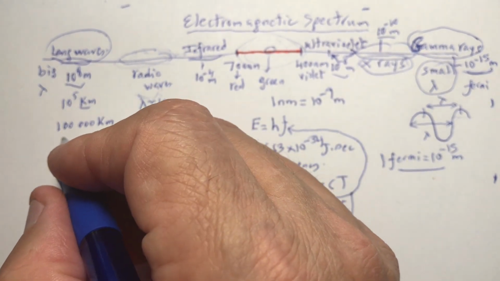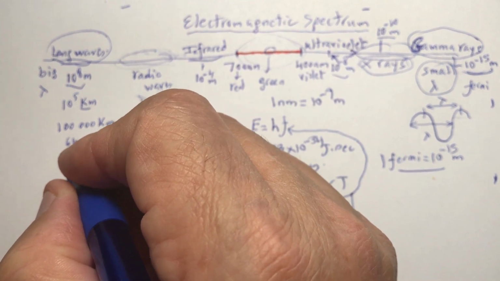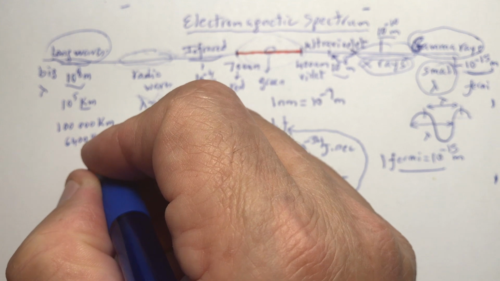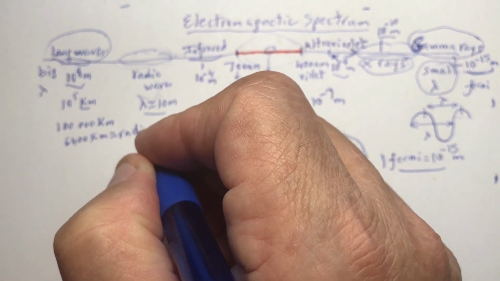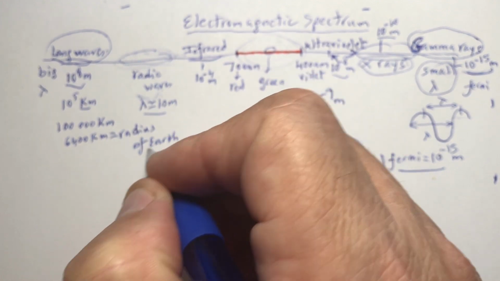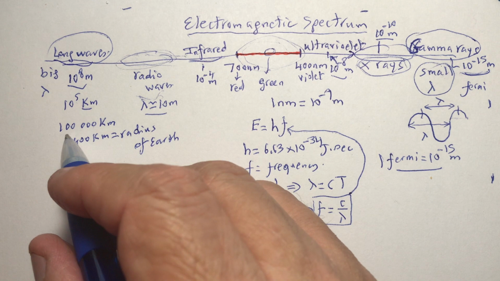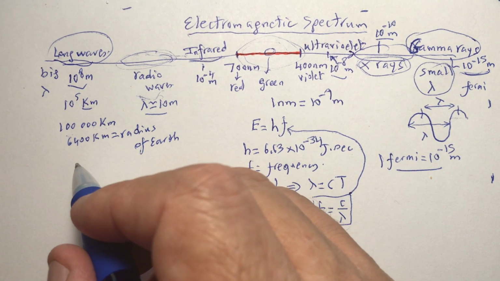Now, the radius of the Earth is about 6,400 kilometers, approximately 6,000. Look at here, this is 100,000 kilometers.